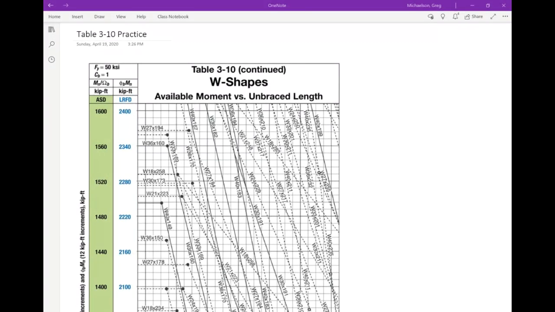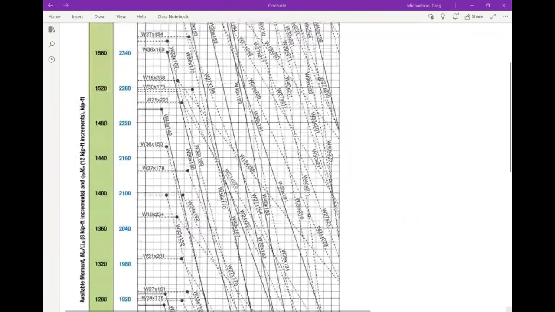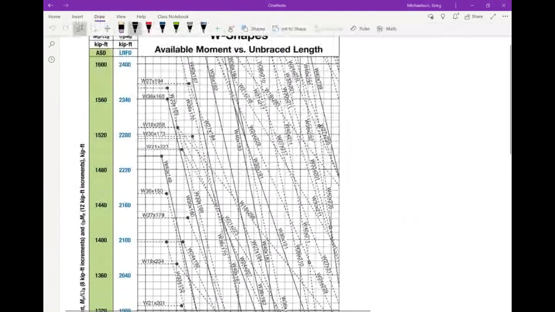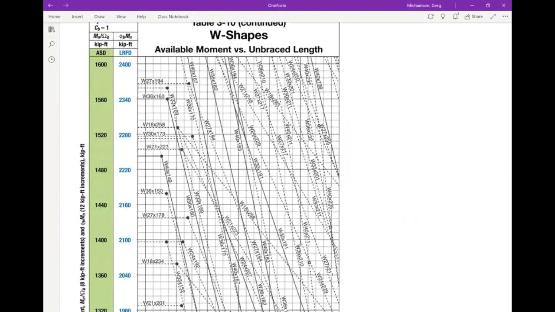This is 3-99. And then what was the moment? The moment was 2150. So a 2150 moment should look, let's see, 2150 is about, like, each of these increments are 8, so probably somewhere about right here.